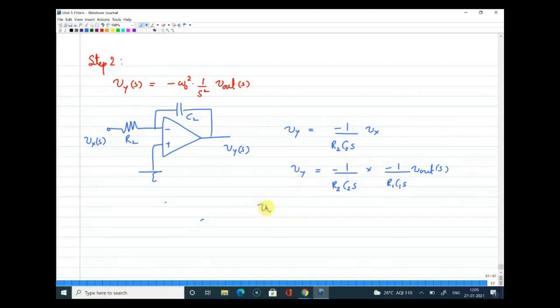Or I can write Vy as V out divided by S square into R1 C1 R2 C2. Are you guys with me?